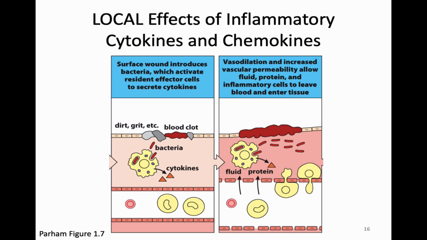The increase in fluids and proteins and blood flow to this area can lead to both increase in redness and heat. You'll also see an increase in swelling because of that fluid and protein going to the area.